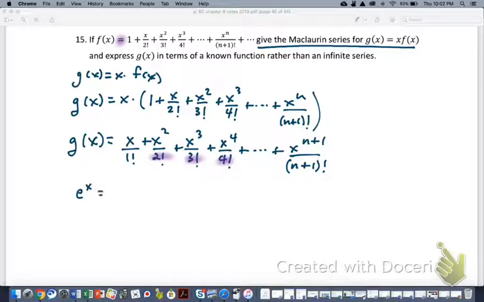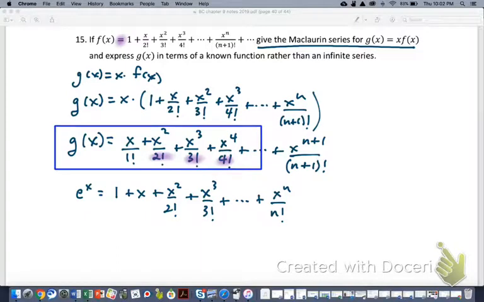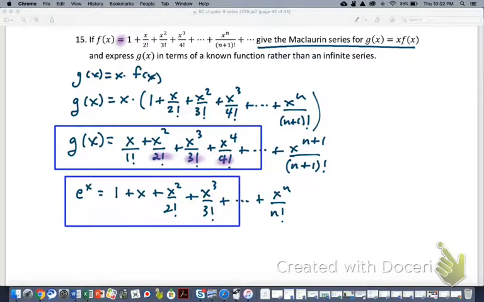So I'm going to write that down here. e to the x as a power series is 1 plus x plus x squared over 2 factorial plus x cubed over 3 factorial plus dot dot dot plus x to the n over n factorial. Okay, so if I compare what I see here with what I see here, they're exactly the same, with just one exception.